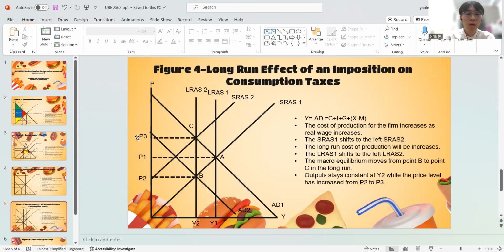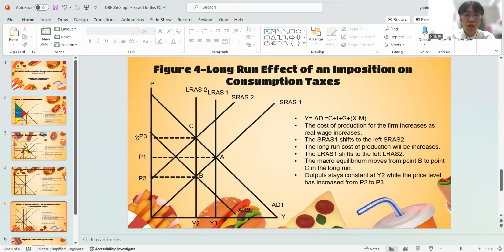In question 4, we will discuss the potential long-term economic benefits of a tax aimed at improving public health. While microeconomic impacts are crucial, we also need to consider the broader macroeconomic consequences. In the diagram, this implies that the cost of production for the firm increases as real wage increases.